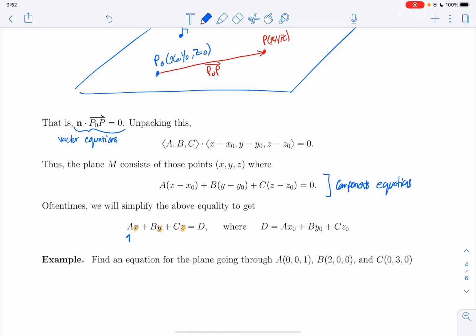The a, b, c come from the normal vector. And the constant here is encoding a combination of the normal vector along with the point in question. So this can be a quick way to draft up the equation of a plane.